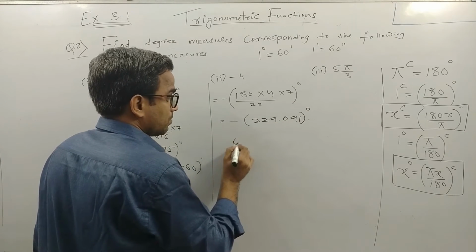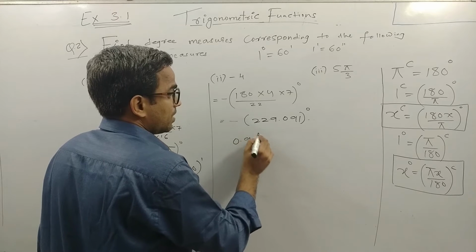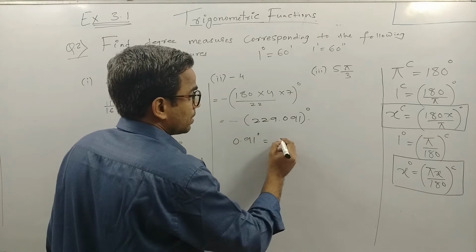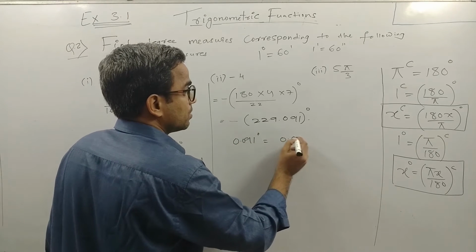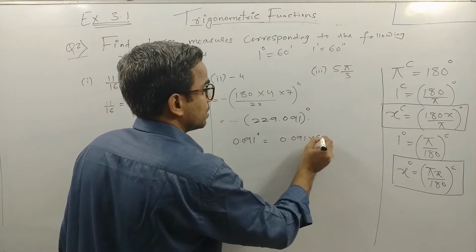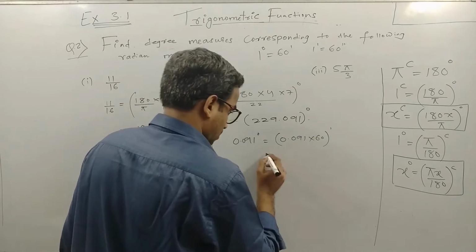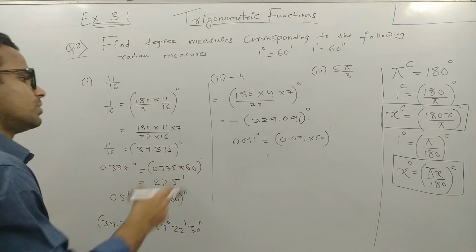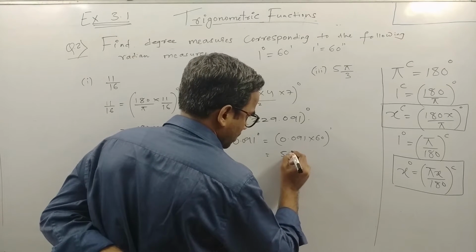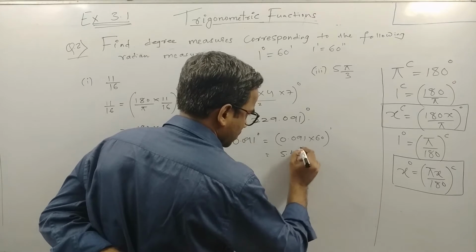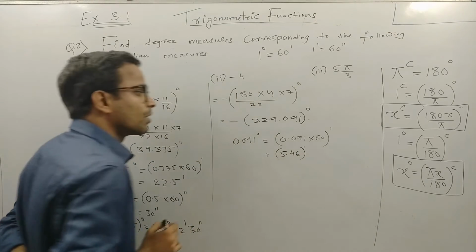So what we can do is, we can simplify that decimal part. So we can convert that into minutes. So 0.091 into 60. So that will give us minutes. So if you simplify, that gives us 5.46 minutes.